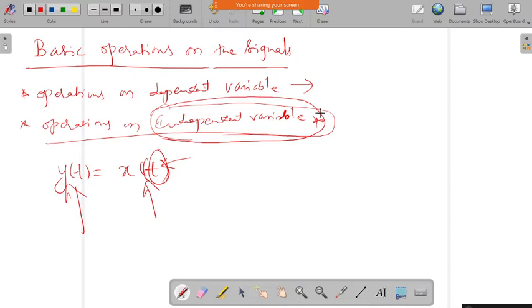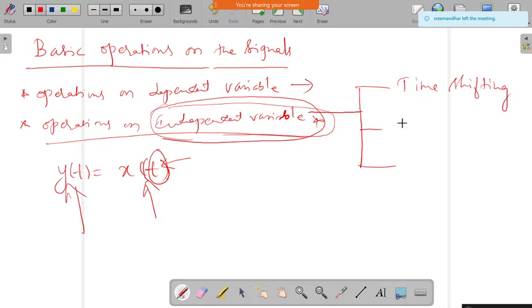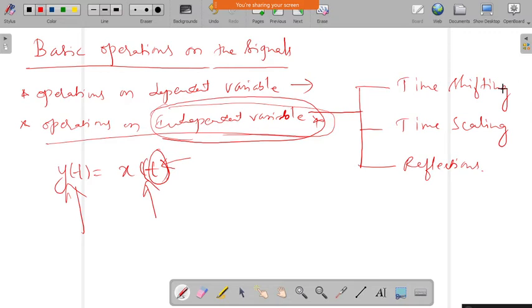Basically there are three operations: time shifting, time scaling, and reflection, or time reflection, we can call it. Time shifting, time scaling, and reflection.